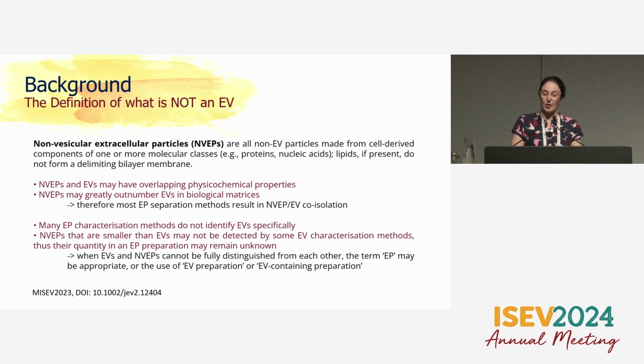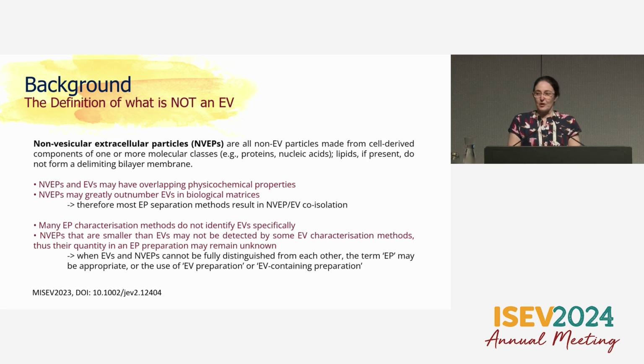In different sample types, we see lots of different types of these non-vesicular extracellular particles. One of the challenges that we're going to hear about throughout the day is that these NVEPs and the EVs have very much overlapping physicochemical properties. They can have the same size and the same density, the features that we actually use to isolate our EVs.